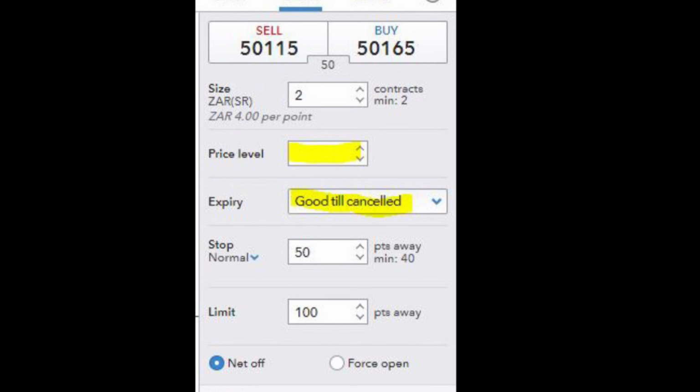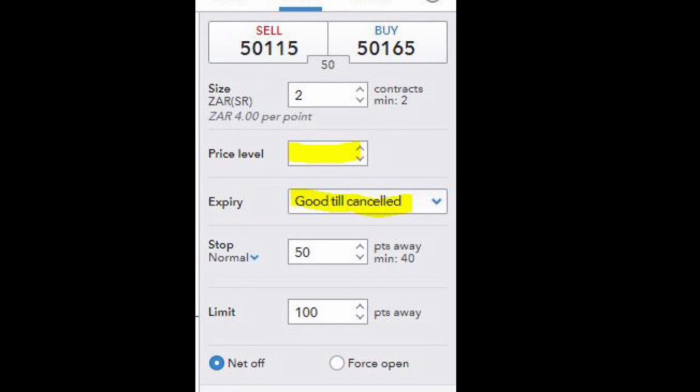We could put in a price of, let's say, 51000, and then underneath that we would have good till cancelled, or that drop down menu could also be good for the day. So then you would place that order and you would only be entered into a long position at 51000 when the price reaches that level, and hence you do not need to be at your screen and computer the entire time watching the market.